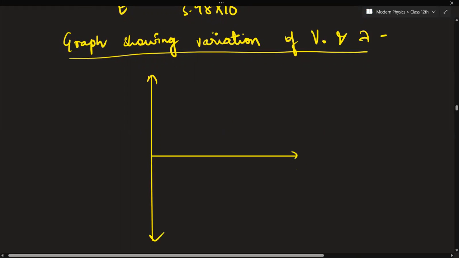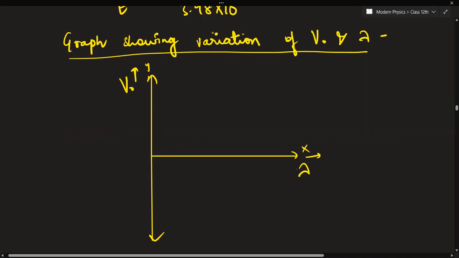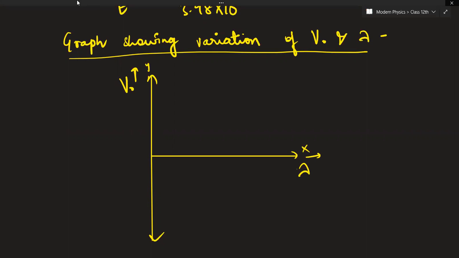So see, this we have studied. This is stopping potential on the y-axis, and this is frequency of incident radiation on the x-axis. So this I have told you, both of them are linear to each other. So the graph is a straight line.